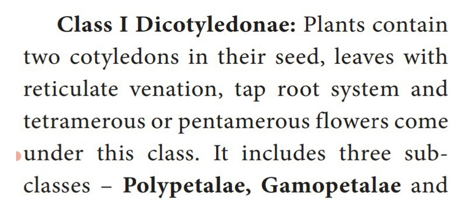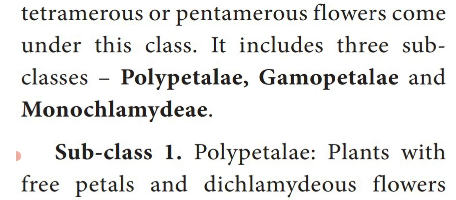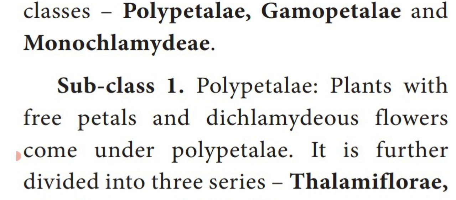So this dicotyledone class is again divided into 3 subclasses: Polypetale, Gamopetale, and Monochlamydeae. First one, Polypetale, is subclass 1. Flowers with free petals are known as Polypetale, with a superior ovary, and flowers are dichlamydeous.